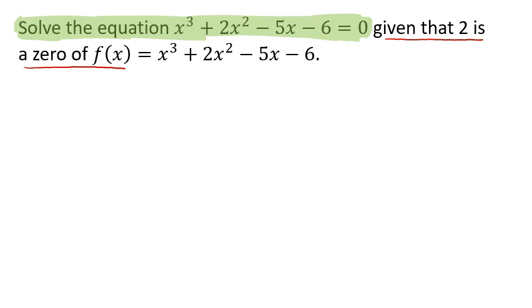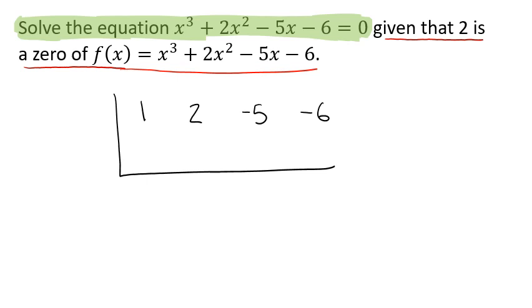So what we're basically told here, this part that I underlined in red, what this means is that if we use synthetic division, with the coefficients of the polynomial, 1x to the third plus 2x to the second minus 5x minus 6, what this part underlined in red is saying is that if you use the number 2 up here, you will absolutely get a 0 down here.